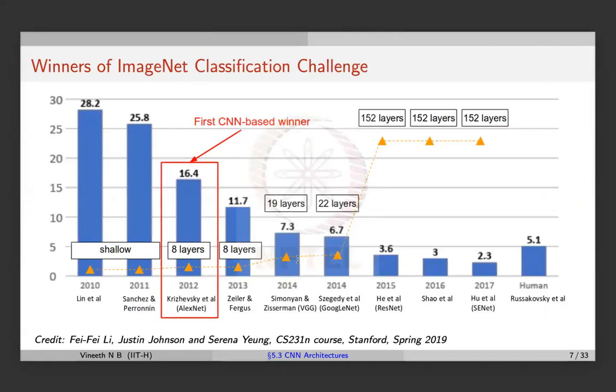Okay, so we'll start with the architectures that CNN has. Sorry, I think that was a mistake. We'll now start with the architectures that people have proposed over the years.